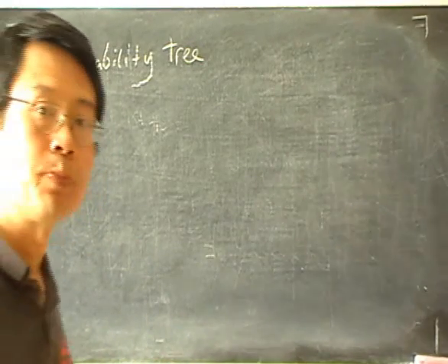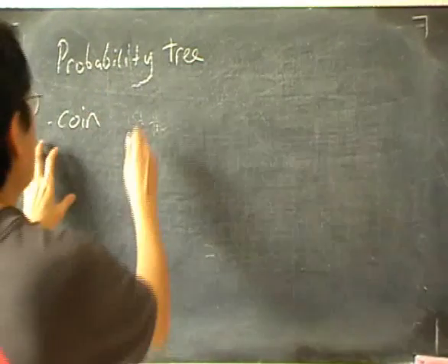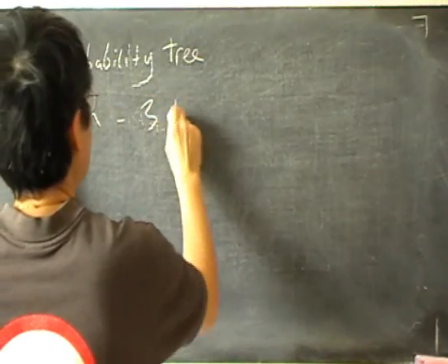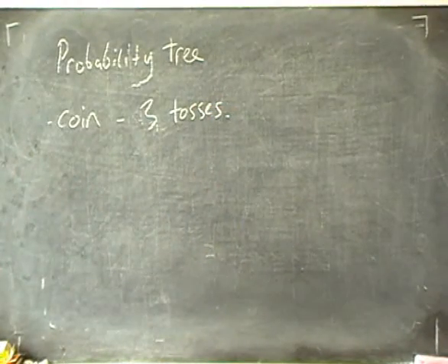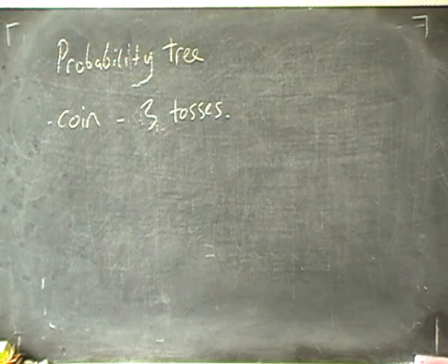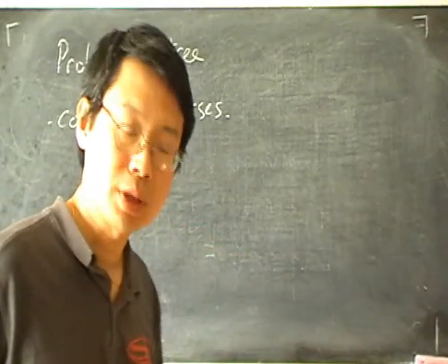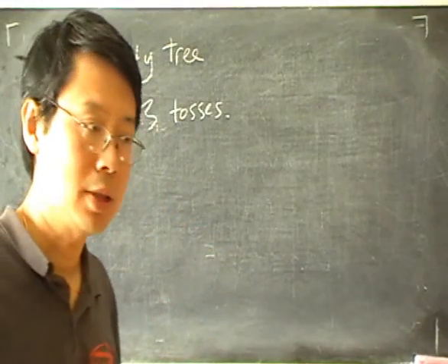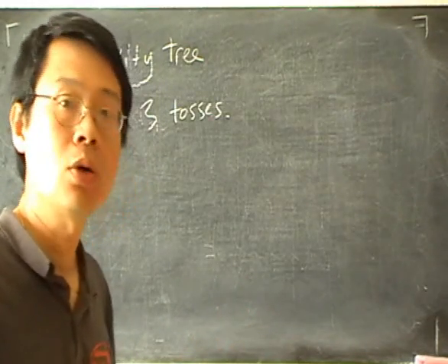We're going to toss this coin 3 times. Each time that we toss, we can either get a head or a tail.